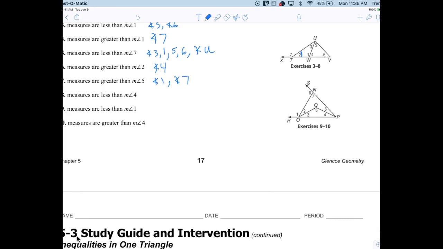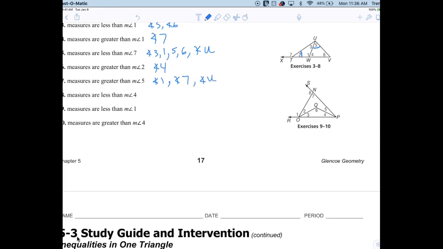Let's talk about angle U. First thing I'm looking at is angle 5. Now, why can we say angle U? That's a good observation, because it's both of them added up. Remember what I tried to tell you earlier? The whole is bigger than the parts. So definitely I like angle U.